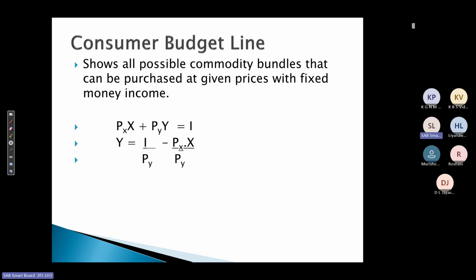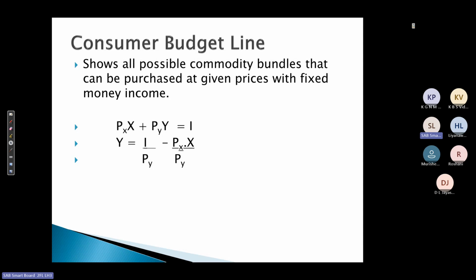Now, if we are given the money income I, the price of X as PX, the price of Y as PY, and the quantities demanded X and Y, we explain it in terms of Y. So how much is he willing to spend on product Y? Y equals I over PY minus PX over PY into X. If you simplify the first equation in terms of Y, you can identify this equation.